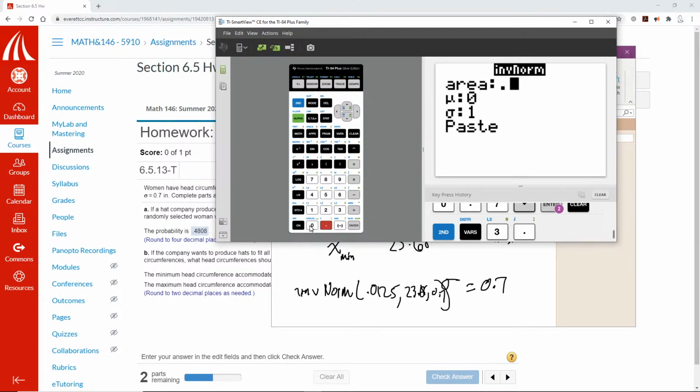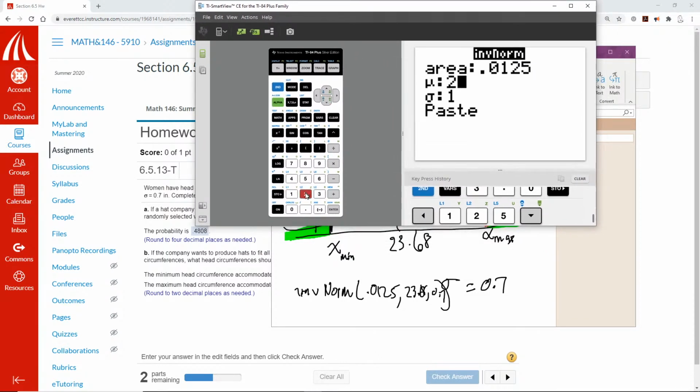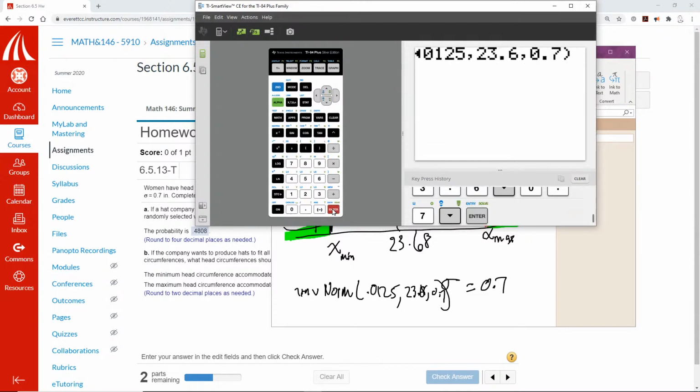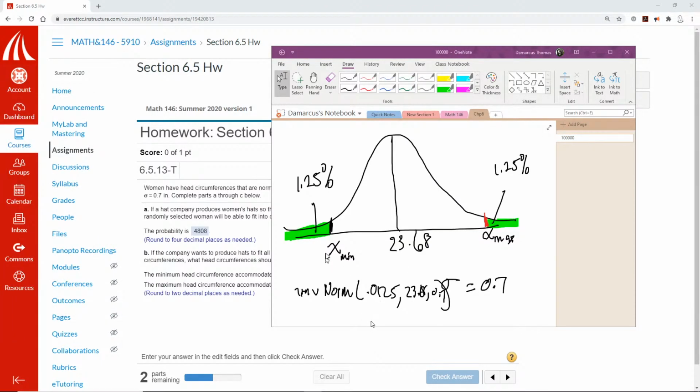The area is 0.0125. The mean is 23.6. And 0.7. And I get 22.03 for my minimum.